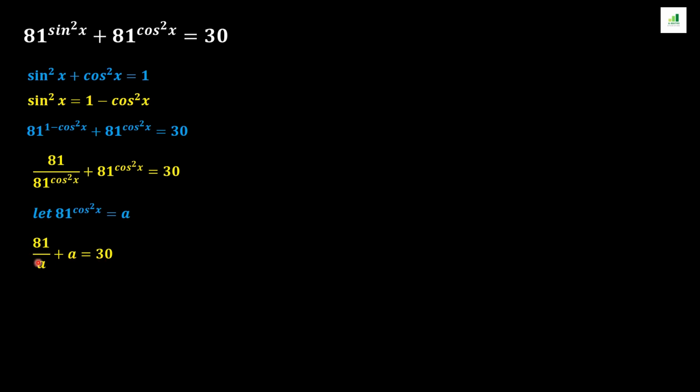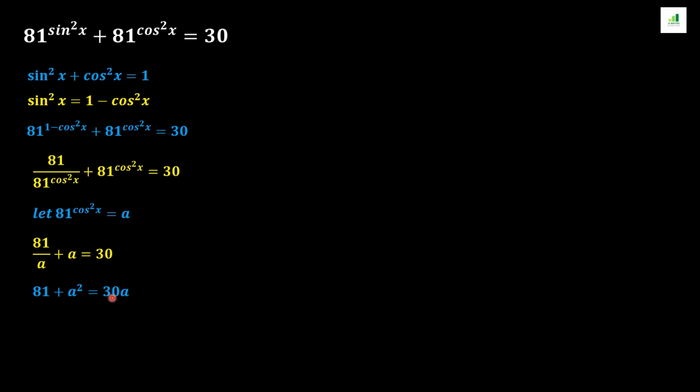Now, we will simplify this expression by taking LCM, and as a result, we will get 81 plus a square equal to 30a. How? Simply, this a will multiply with this a, and we will get a square, and this a will be the whole denominator for this whole expression, and it will move toward this 30 and convert into 30a.